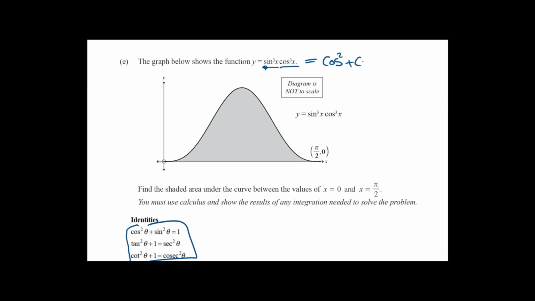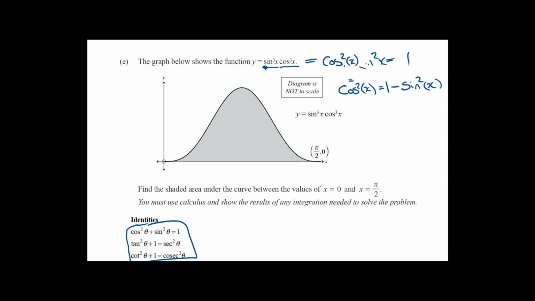So cos squared plus sine squared is going to be equal to 1. Okay, we can rearrange that so that cos squared of x is going to be equal to 1 minus sine squared of x.